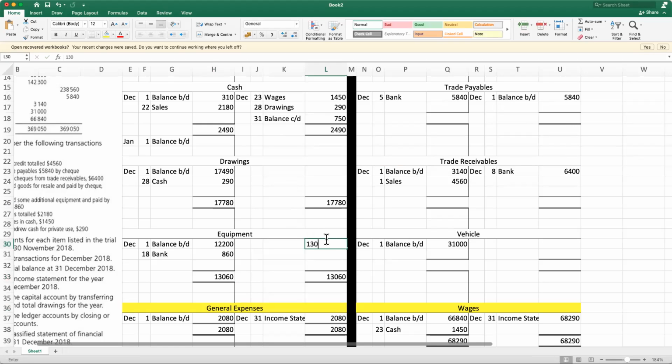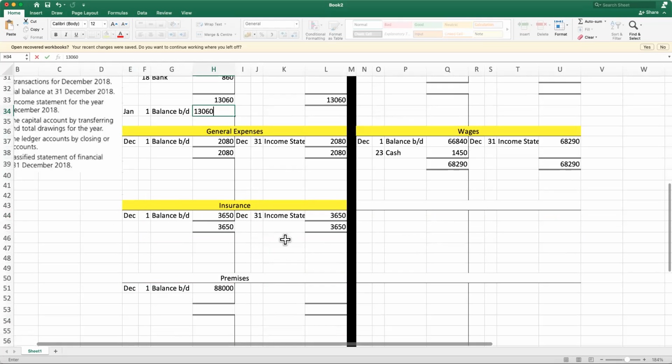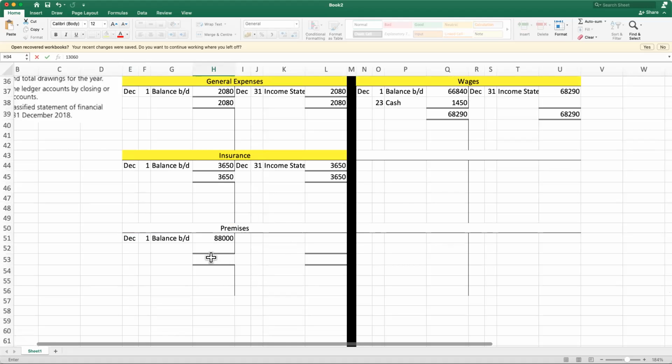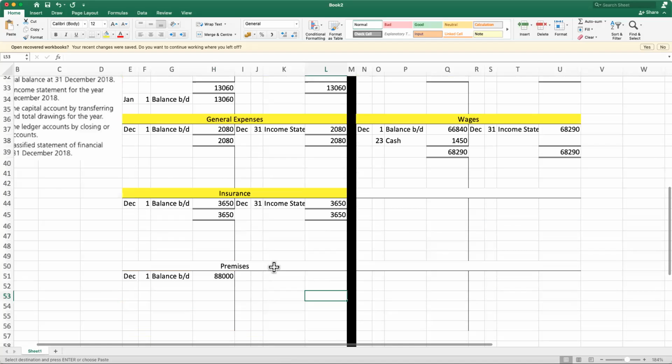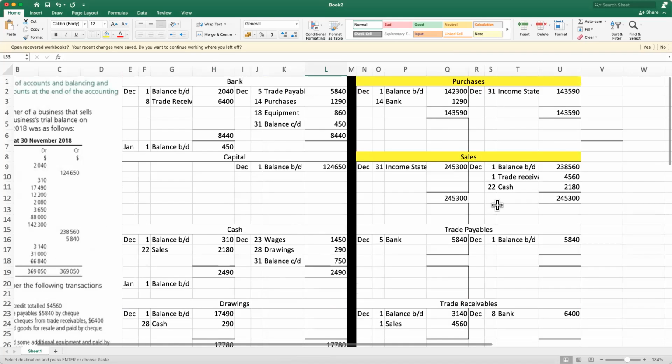This will be my balance, December 31st, January 1st. Done. Okay, premises, actually, we don't need to do anything. My bad. I'm just going to let it be, because nothing is happening here. There's no balance that you need to bring down, because it's the same amount. So just let it be.